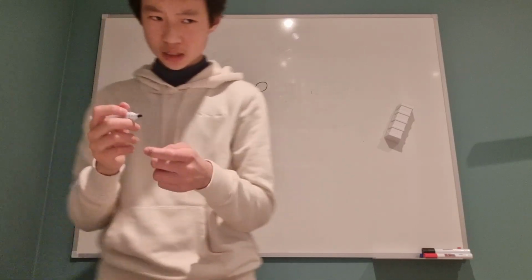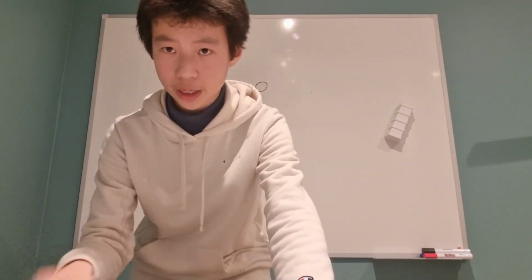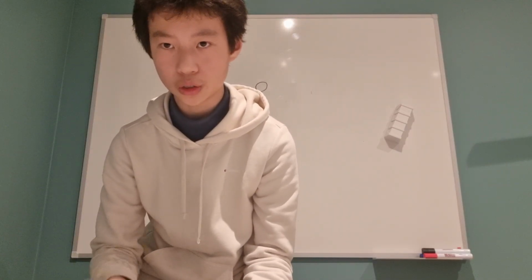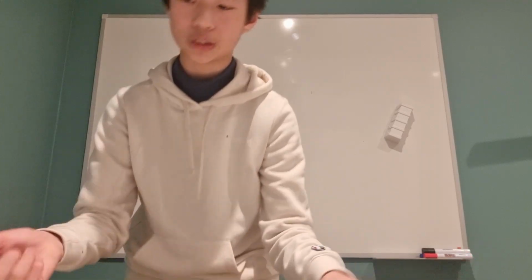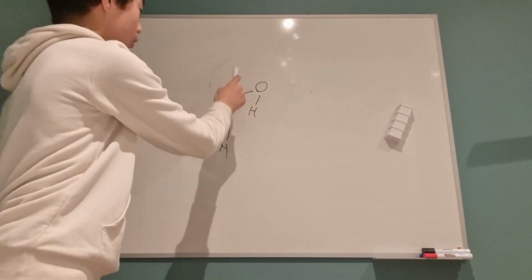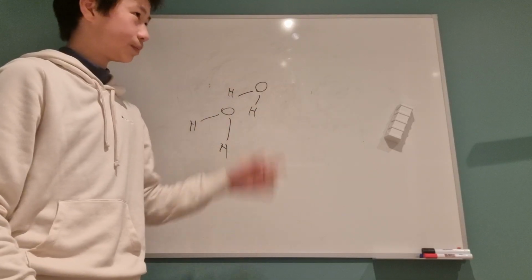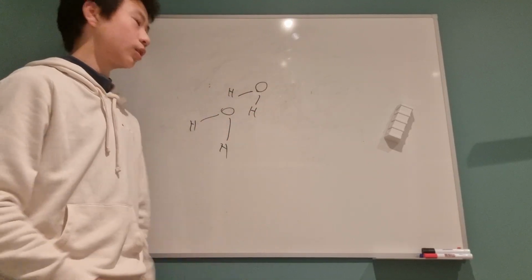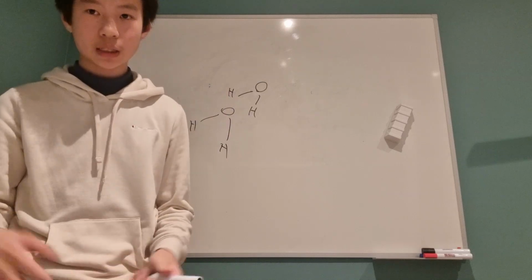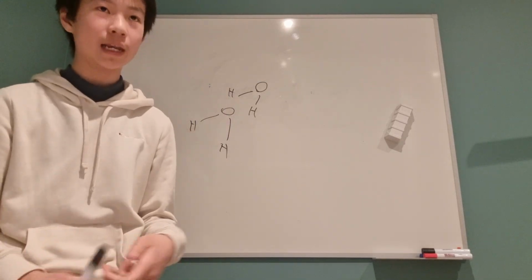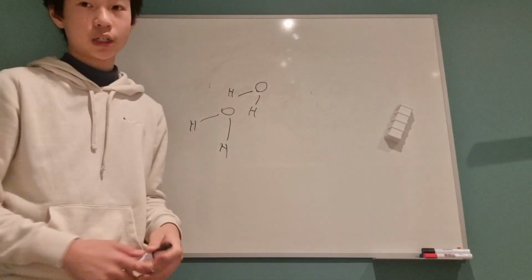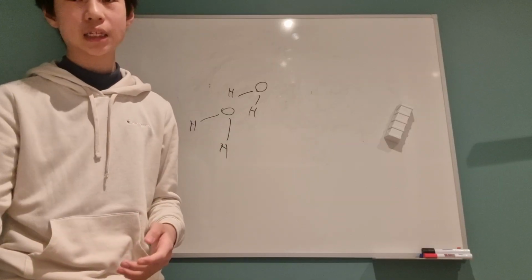So this is a hydrogen bond, and as you can already tell, it's because they consist of hydrogen, and water consists of two hydrogens and one oxygen. And the thing is that the oxygen likes to keep the electrons longer in its orbit, so it becomes more negatively charged.